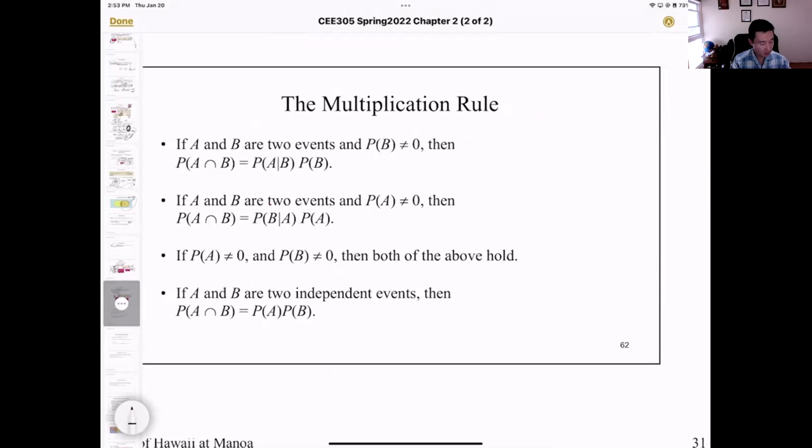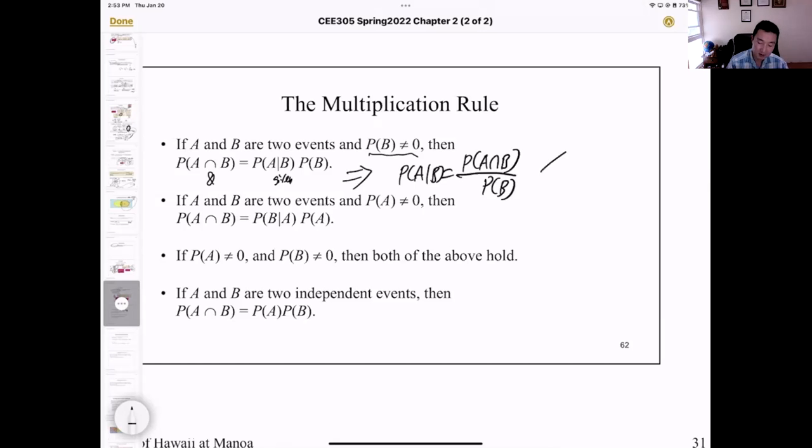Okay, so this is called the multiplication rule. It's similar to the conditional probability, as you can see. If A and B are 2 events and P(B) is not equal to 0, then P(A and B) is equal to P(A given B) times P(B). This is the same as the conditional probability: P(A given B) equals P(A and B) divided by P(B), right?